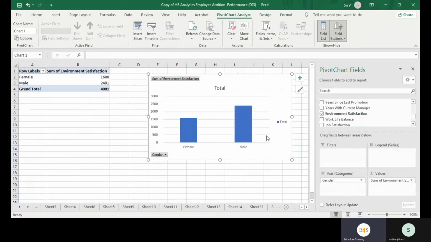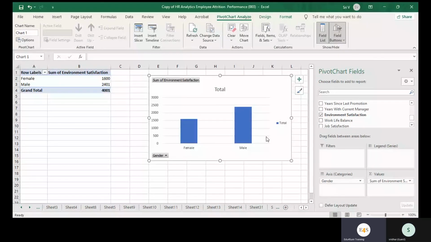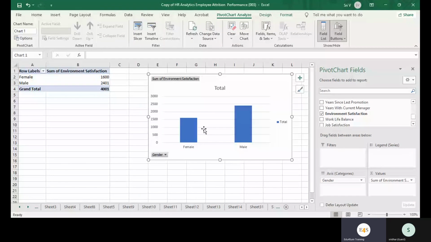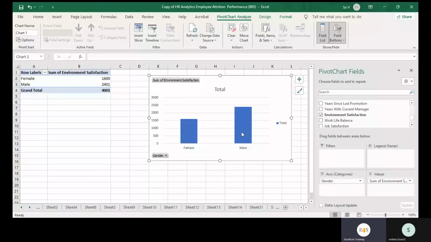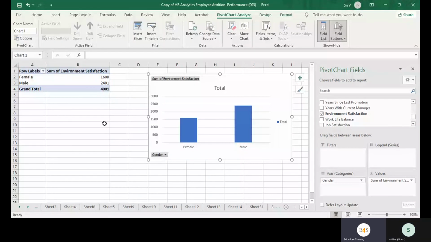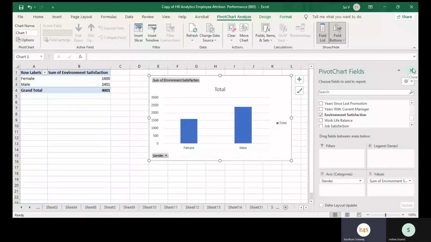So yes, females are less satisfied. Males don't care at all. These are normal things. This is human tendency. We are made that way from childhood, girls and boys. So nothing can be done about it.